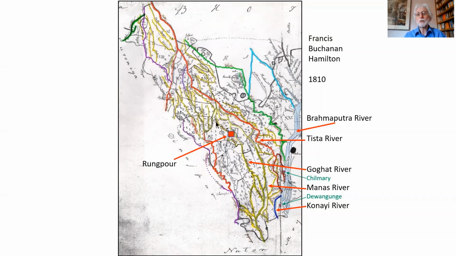So, for example, the river which passes through Rangpur takes a lot of water from the Teesta channel, and the Manas or the Monash River, sometimes written Monash, also takes a lot of water and then reconnects with it.